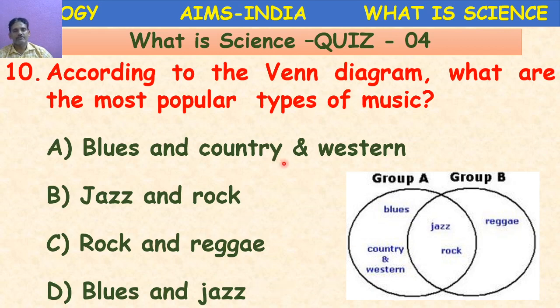The question is, in between these two groups, which music is liked by both groups? So here you have to take the intersection, A and B, both. Yes, the answer is B.